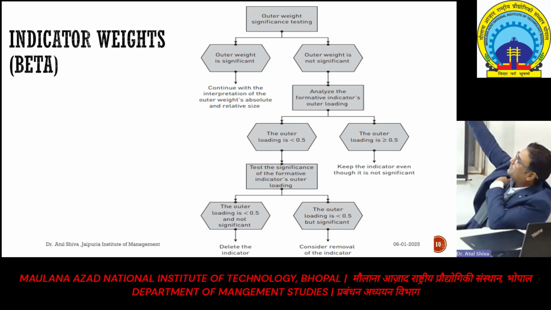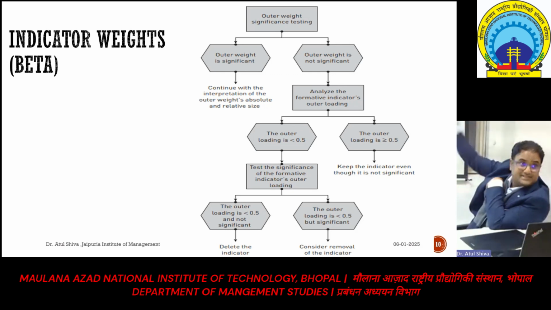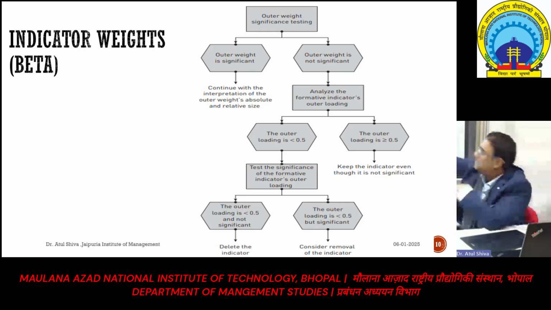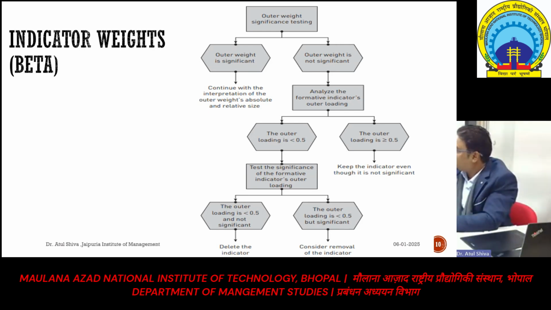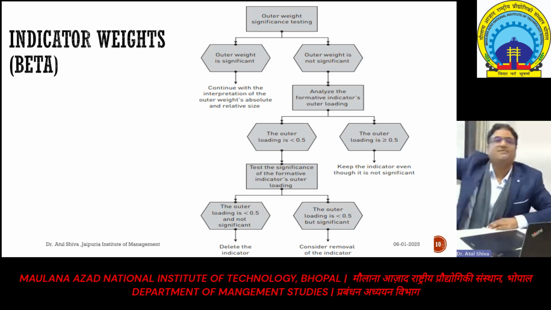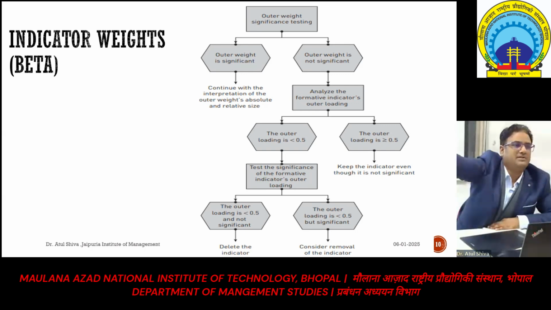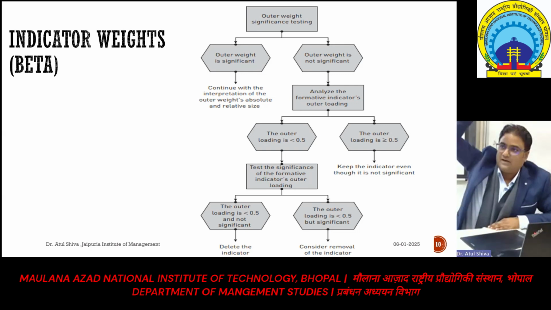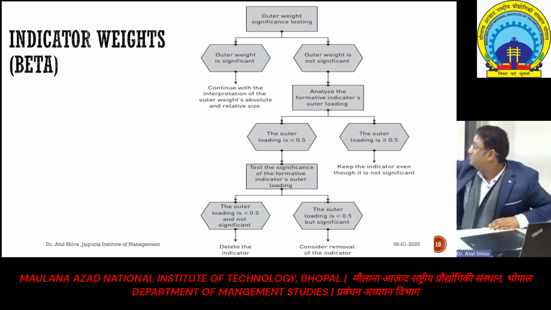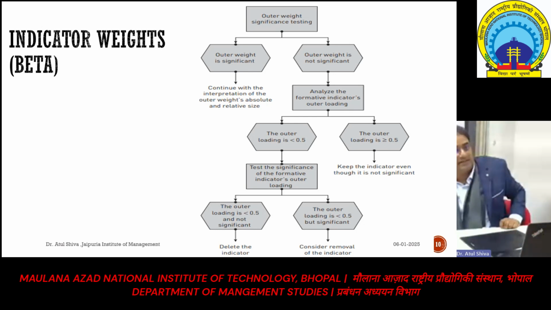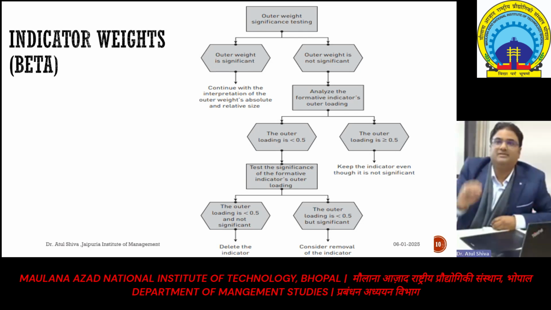But if the outer loading is less than 0.50, check the p-value. If the p-value is significant, retain the item. But if outer loading is insignificant and outer weight is insignificant, you have to delete the indicator. Delete it, and then come back to food and shelter.